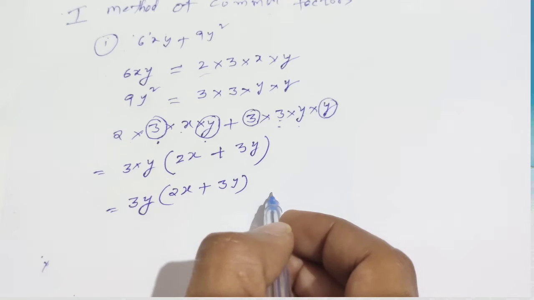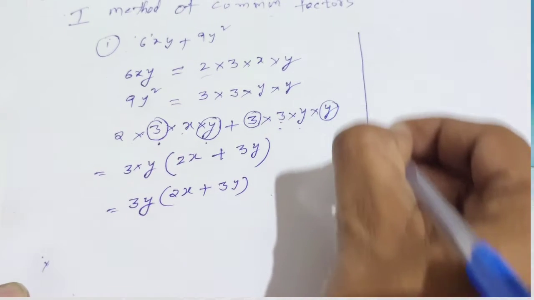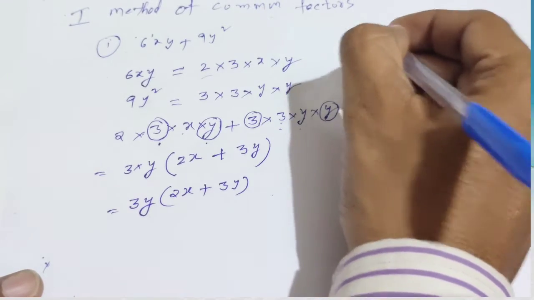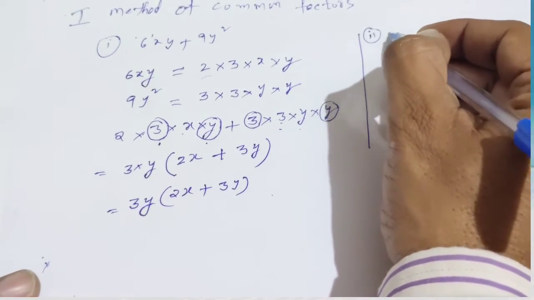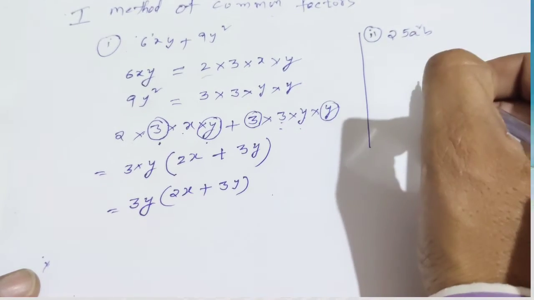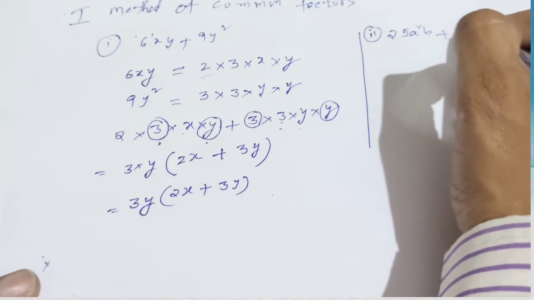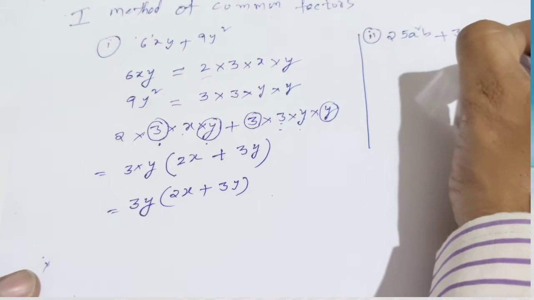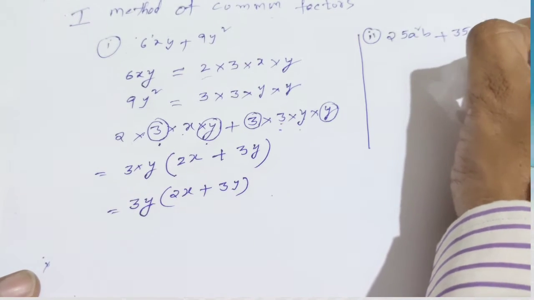And the next one is 25a square b plus 35ab square.